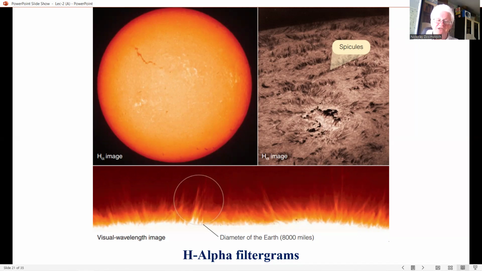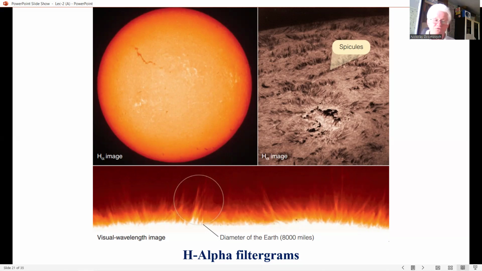Spectra show that spicules are cooler gas from the lower chromosphere extending upward into the hotter region. Images at the center of the solar disk show that spicules spring up around the edge of the supergranules, like weeds around flagstones, as you can see on this slide.